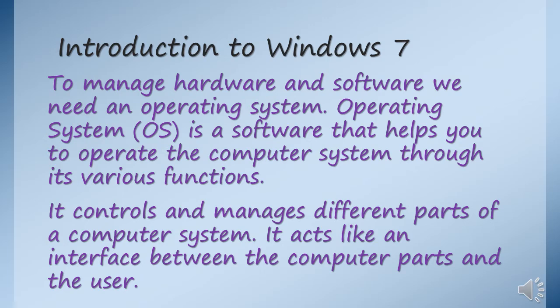It controls and manages different parts of a computer system, and it acts like an interface between the computer parts and the user. We can also say that it is this software that acts as an interface between the user and the hardware.